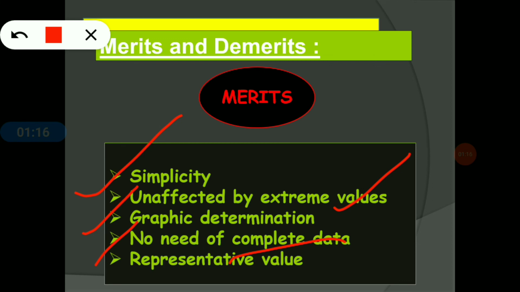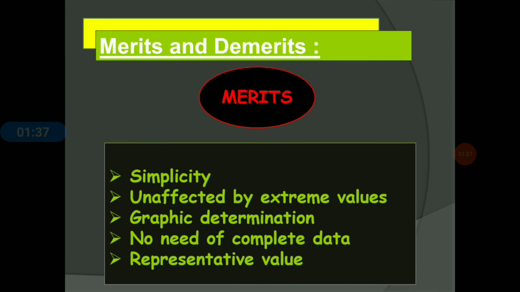Now going to the last merit, that is the representative value. Obviously the value of mode is a true representative value, and that's why people commonly use it in practical life also.